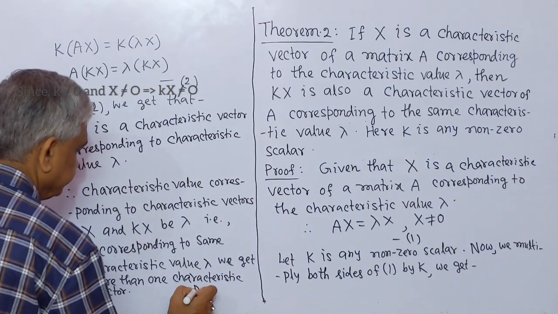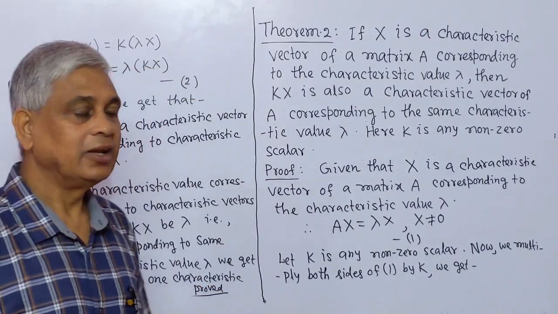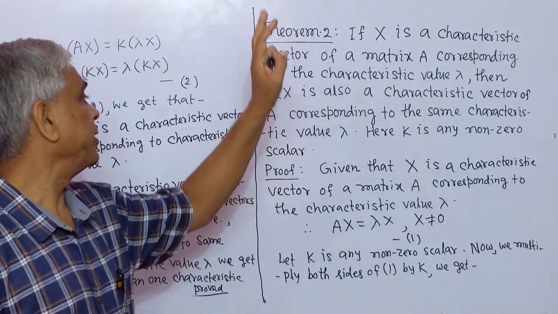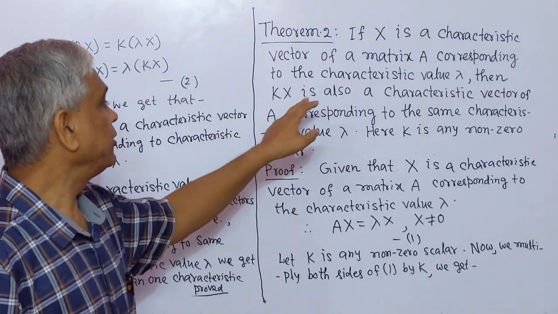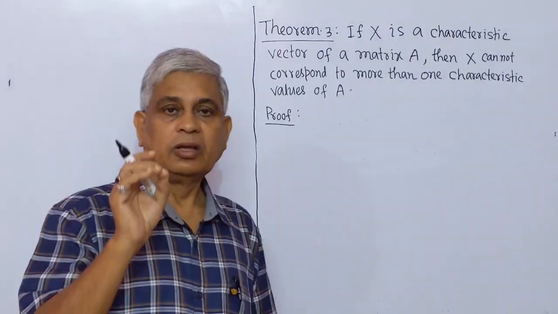Proved. That is, kx is also a characteristic vector of matrix A corresponding to the same characteristic value lambda.